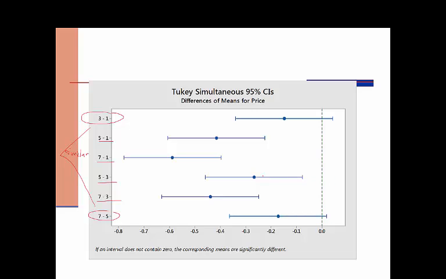If 0 is outside it, that means there is a significant difference in the means. Okay, so in that case, these 4 show they are different. Okay, so 5 and 1 is different from 7 and 1, which is different from 5 and 3, which is different from 7 and 3. These two comparisons are different from each other. These two comparisons are different from each other. Same here and same there. But these two are similar, and these two are similar.